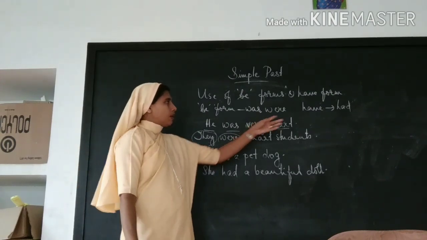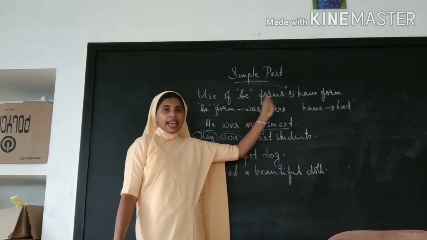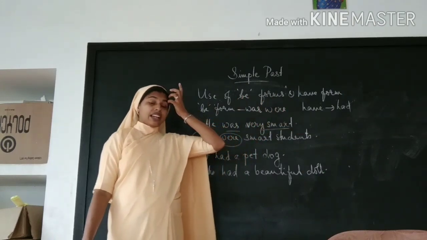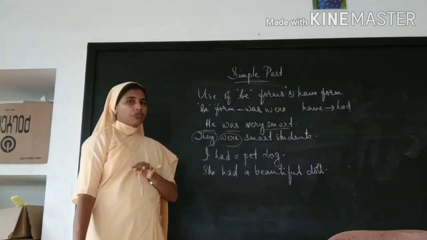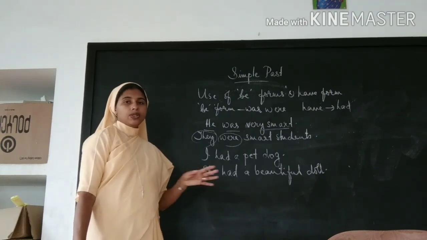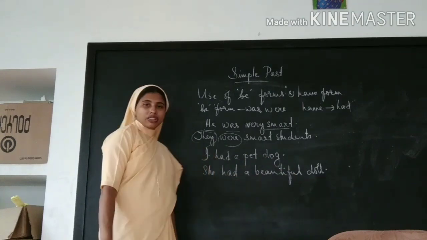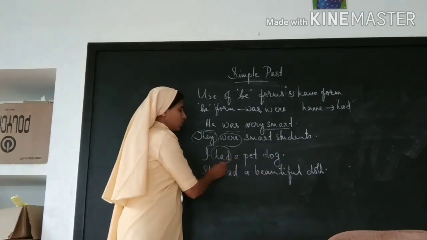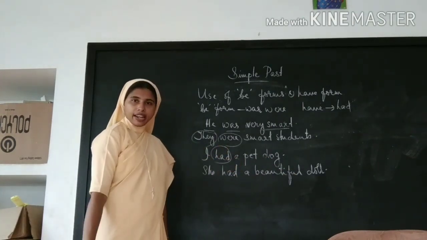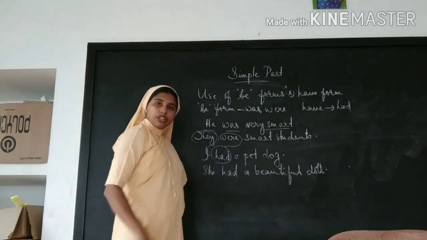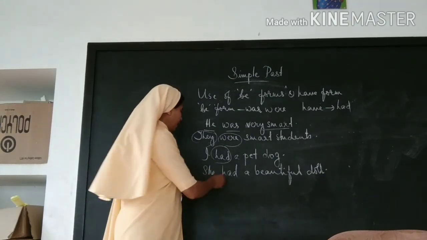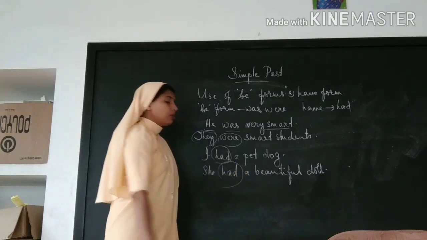And what is the past form of have? That is had. Had is the only form of have that is used in simple past. I had a pet dog. Which is the main verb here? Had. It shows possession. She had a beautiful doll.